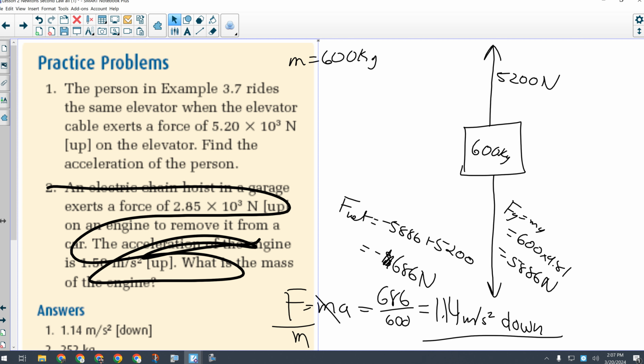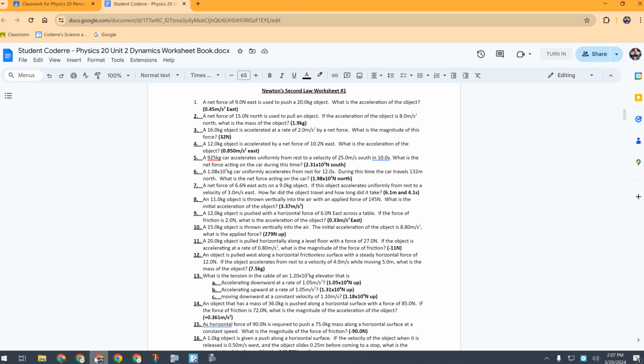Okay, so in your digital workbook, this is the first page of the Unit 2 digital workbook.